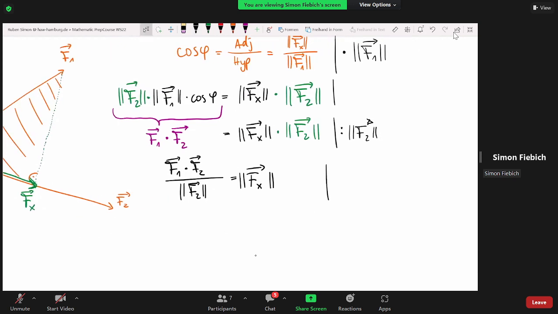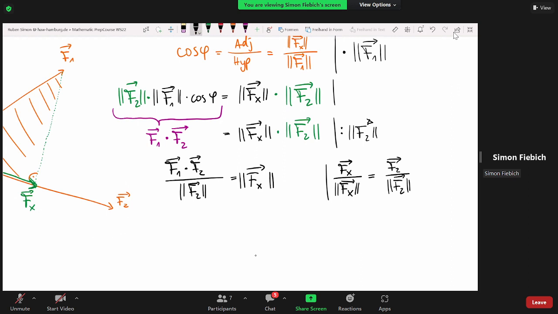A unit vector was a vector pointing in the same direction as another one, but it always had the length of 1. So the magnitude of the unit vector is 1. You could set up the following equation: vector Fx divided by its magnitude is the same as the vector F2 divided by its magnitude, right? Because this would both be equal to, not 1 of course, but the resulting vector would have the length of 1.